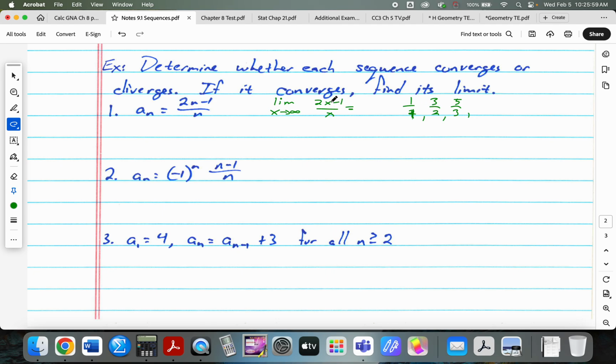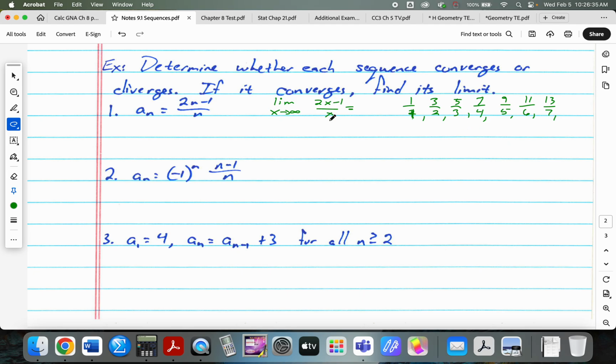If x were 4, this would be 8 minus 1 over 4, so that's 7 over 4. So you can see these are going up by 2 each time, and these are going up by 1 each time, right? So 9/5, 11/6, 13/7. What are these getting really close to already? 2.